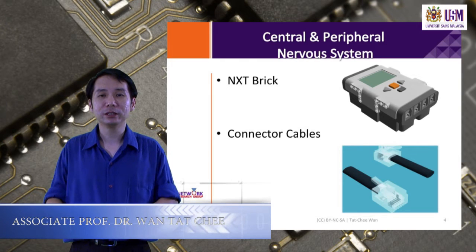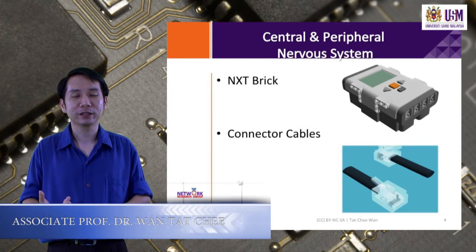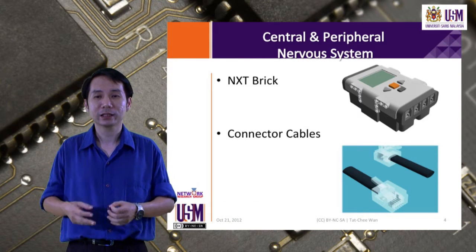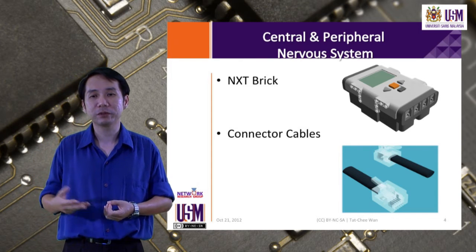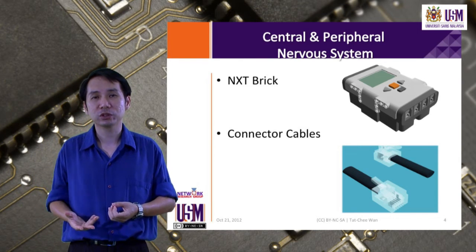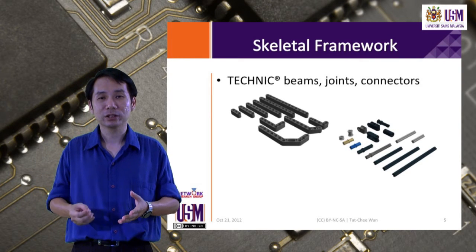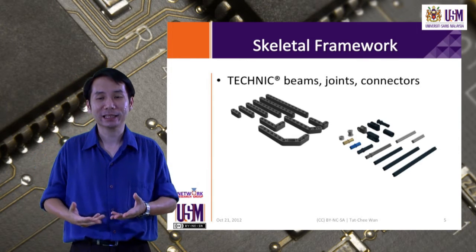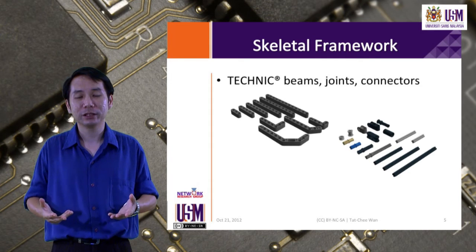So in the tribot, the central nervous system is actually the NXT brick, whereas the peripheral nervous system is the connector cables that transmit and receive the signals from the various sensors and motors. Now in the NXT MINDSTORMS, the skeletal framework consists of Technic beams, joints and connectors that allow the robot to move as well as do various functions.